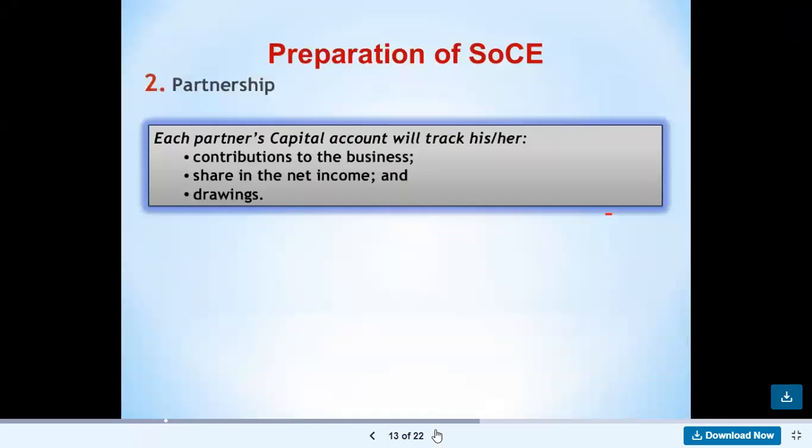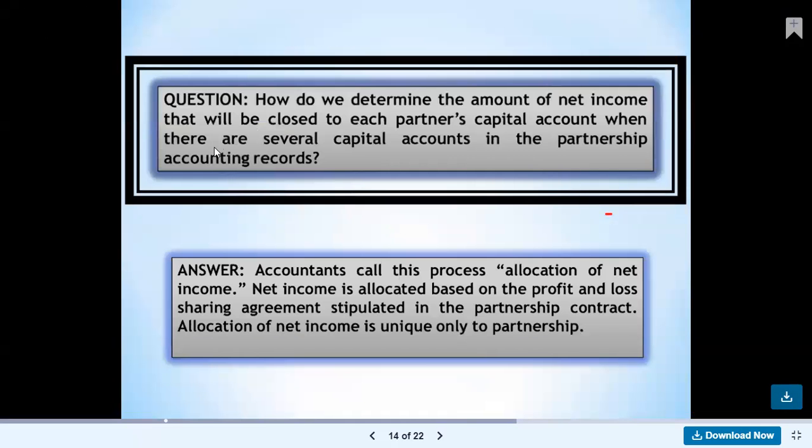Next, we have the partnership. The second form of business organization is the partnership. Each partner's capital account will track his or her contributions to the business, share in the net income, and drawings. So the question: how do we determine the amount of net income that will be closed to each partner's capital account when there are several capital accounts in the partnership accounting records?